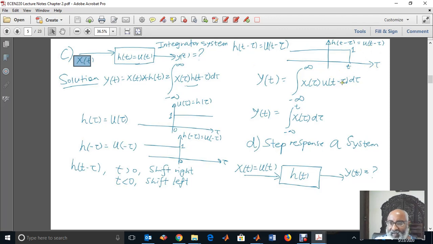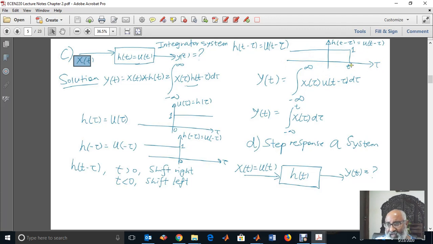All right, now let me have any signal x tau. If I multiply any signal x tau with this function, which has value 1 from minus infinity until t and is 0 for tau greater than t, what will happen? It will give me the same signal x tau from minus infinity until t, and 0 otherwise. Why?